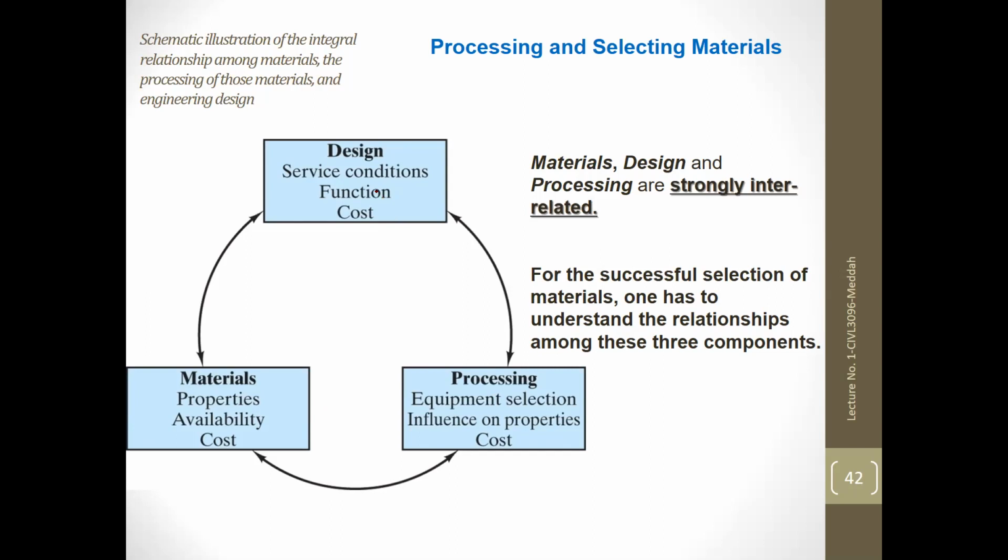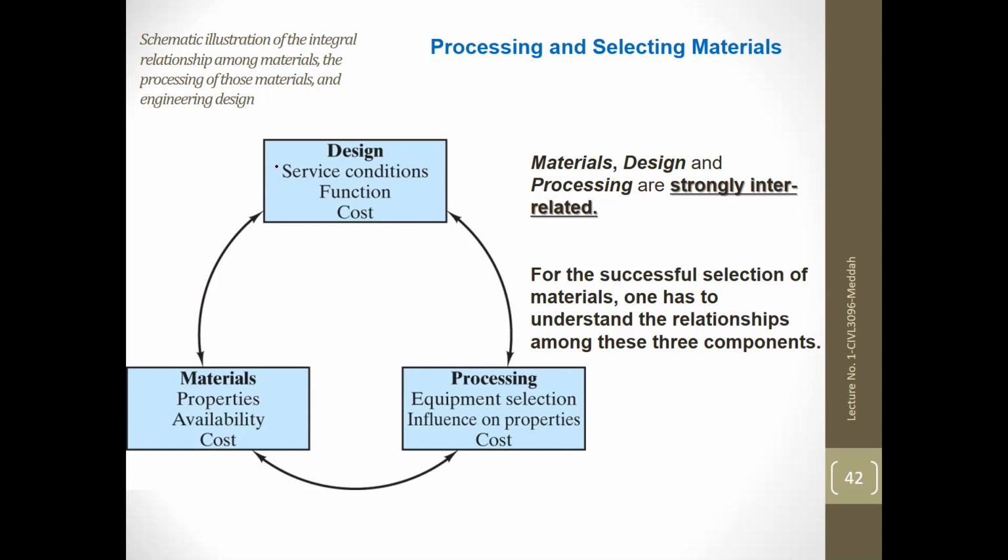If the design of the material changes, the processing of the material, what kind of equipment you have to use, the cost will also be affected. If you change how you process the material, the properties of the material will also be affected. And vice versa. Changing the properties of the material, the processing has to be changed also.